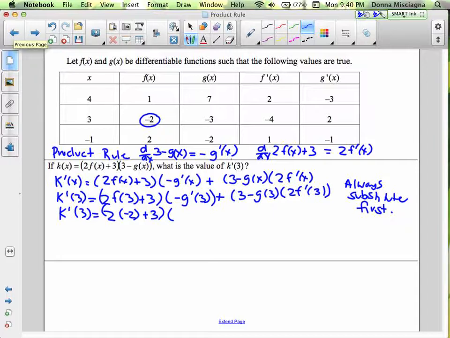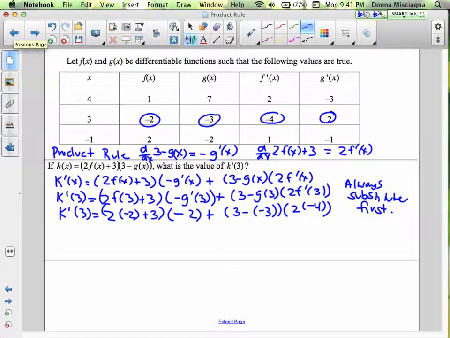Times negative g prime of 3. g prime of 3 is right here, so that's going to be negative 2, plus 3 minus g of 3. g of 3 is negative 3, times 2 times f prime of 3, which is negative 4.